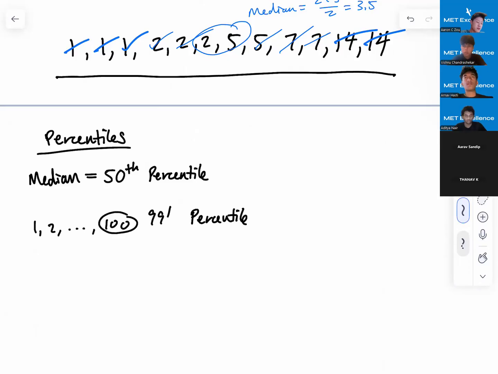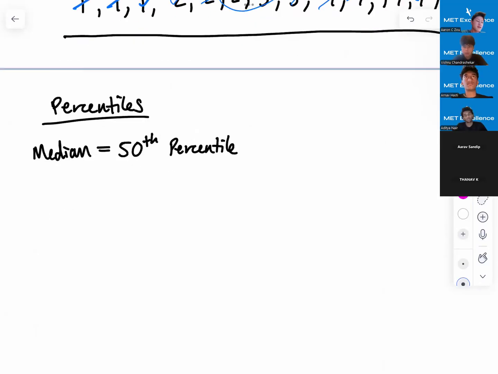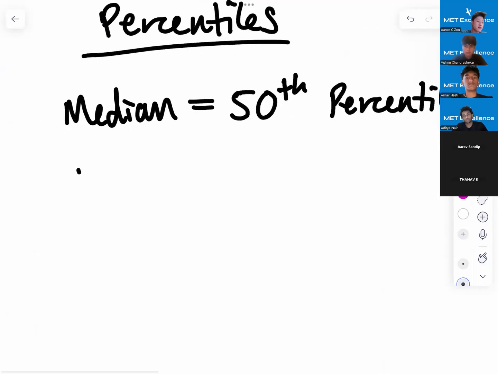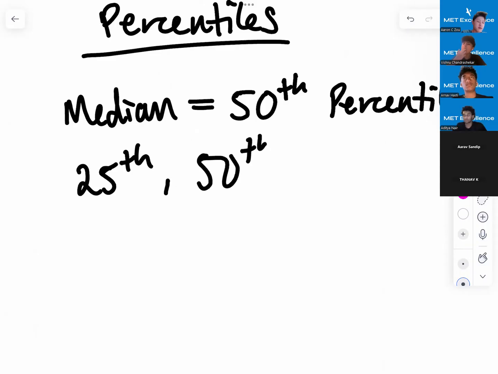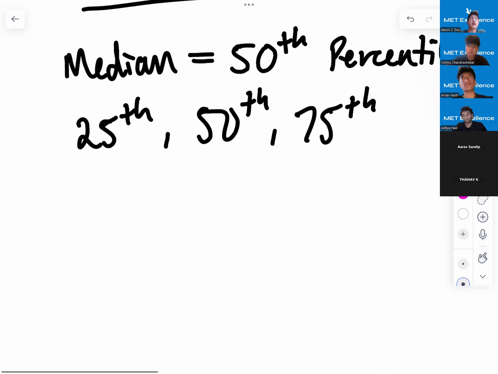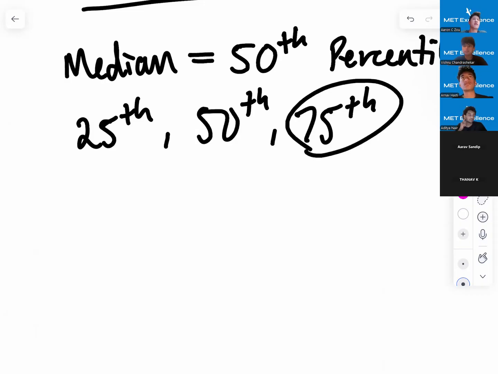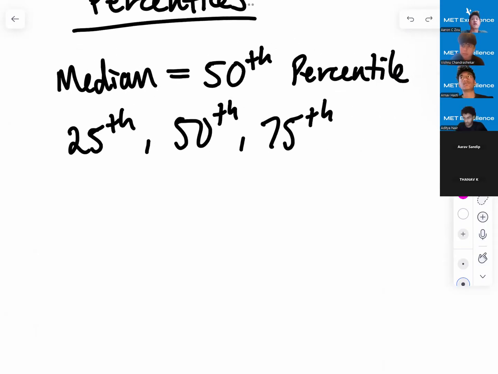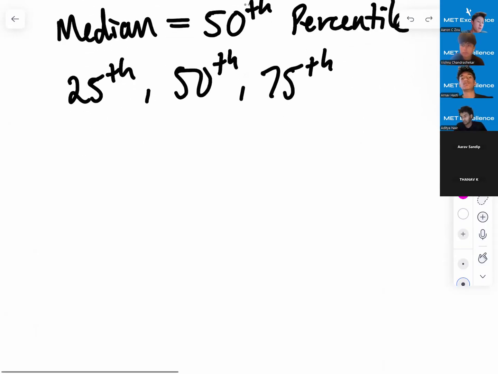Okay, so the relevant percentiles to know are the 25th percentile, the 50th percentile, which is the median, and the 75th percentile. So the 25th percentile is the number between the first number and the median, okay? And the 75th percentile is a number between the median and the biggest number. So let's see if we can calculate this quickly.